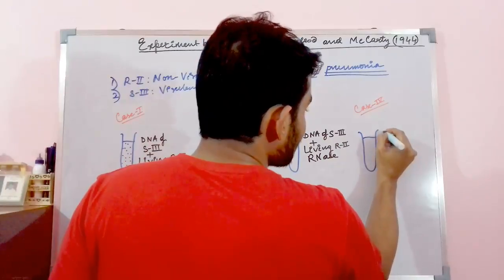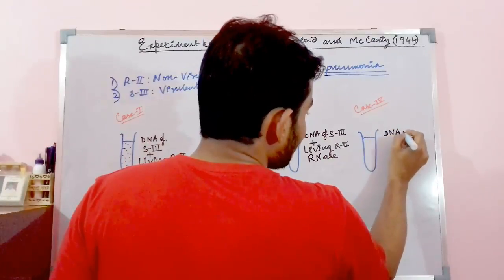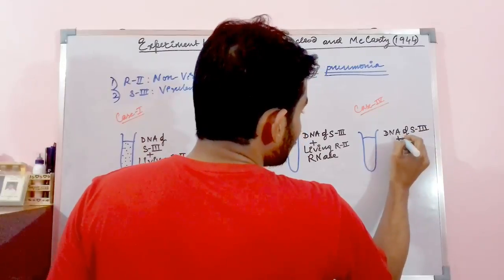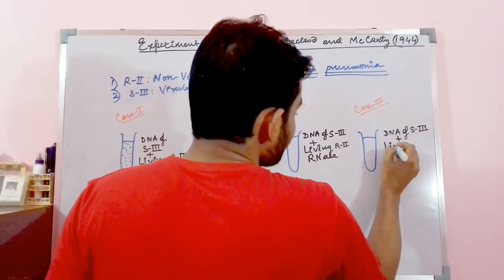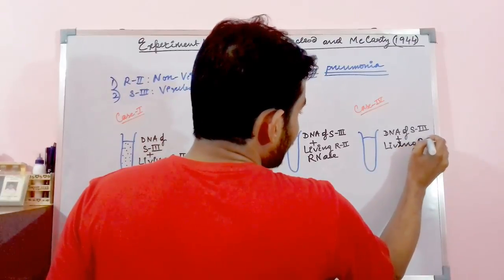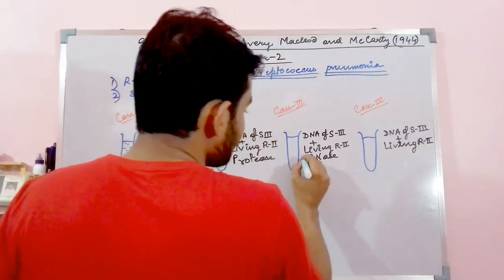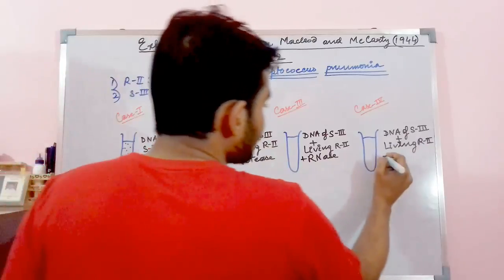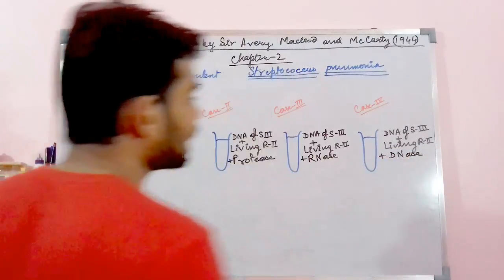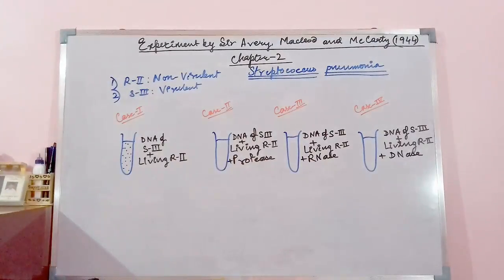And in the fourth case, they took the DNA of S3 plus living R2 type and supplied it with DNase. DNase was the enzyme which helped in denaturing the DNA.